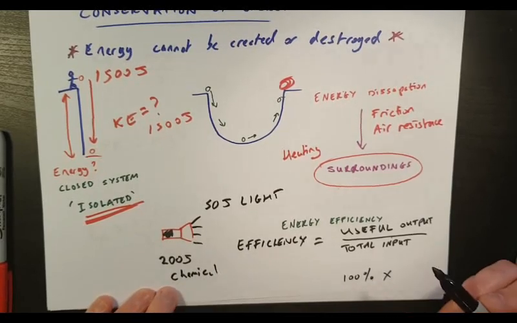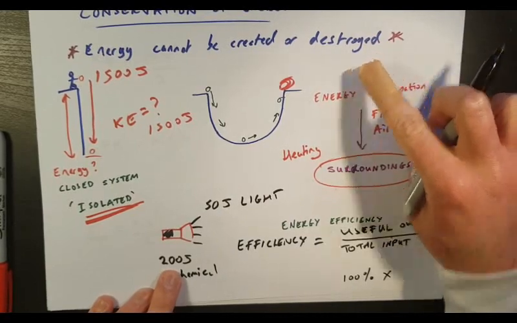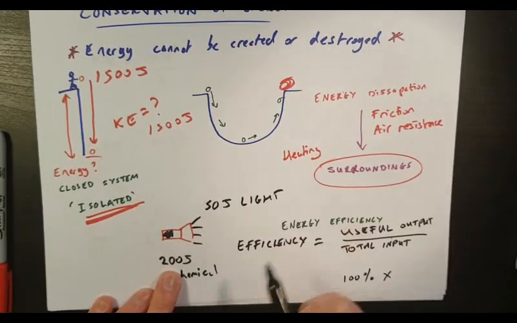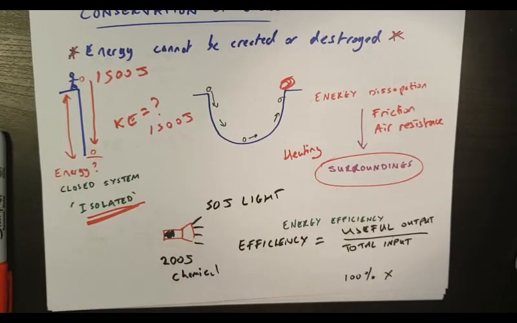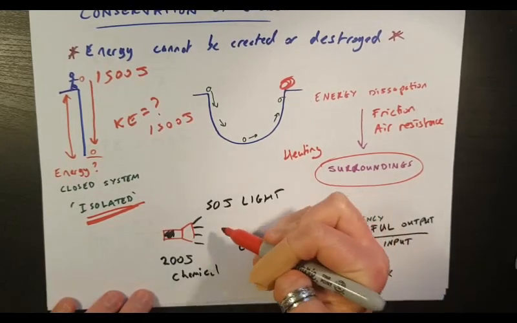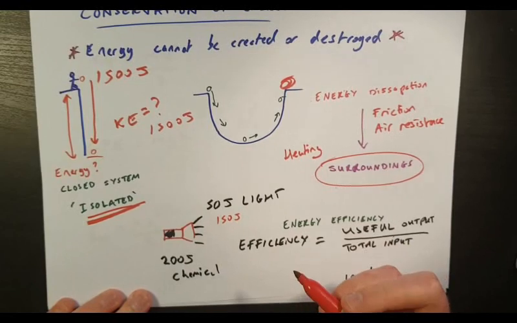Well, due to our law of conservation of energy, we know that something's gone wrong here. We don't appear to be conserving energy. But that's because there must be some energy dissipation. So that must mean there's 150 joules of wasted energy.